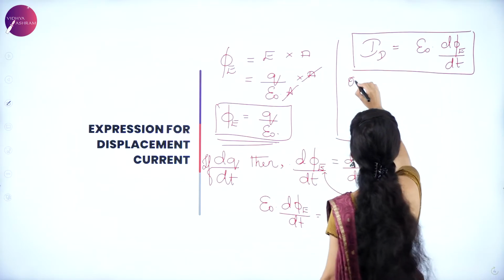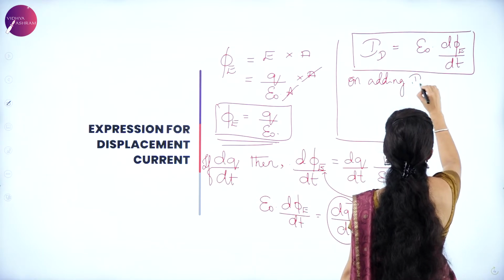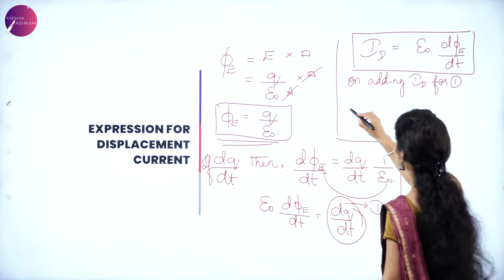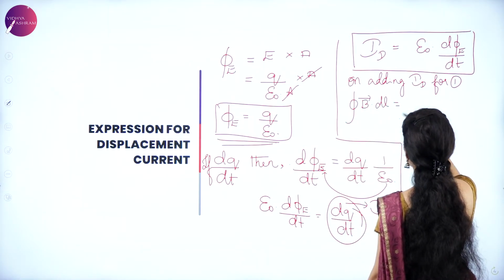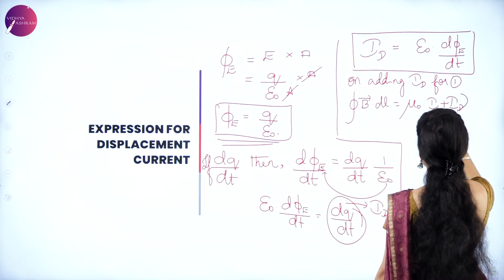So on adding ID to equation 1, we have integral B dl, which is equal to nu naught into I plus ID.